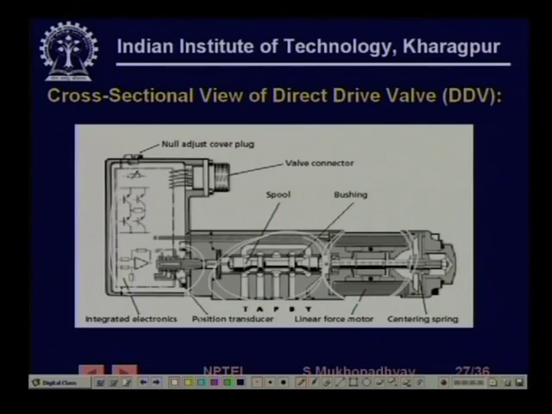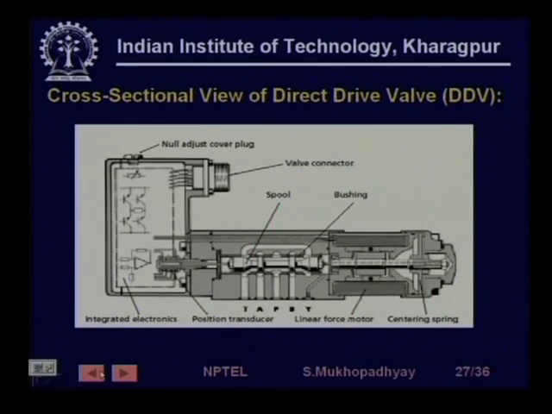You sometimes have a spring here, and this is where you make the connection. These are just to show you the various parts and how they are packed into very, very compact devices.